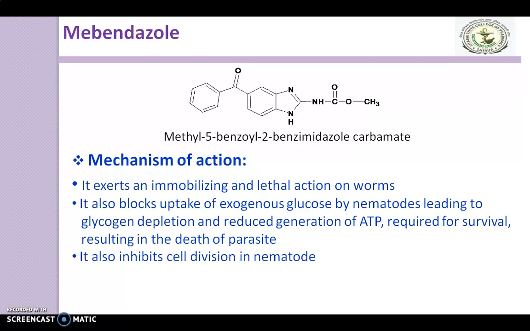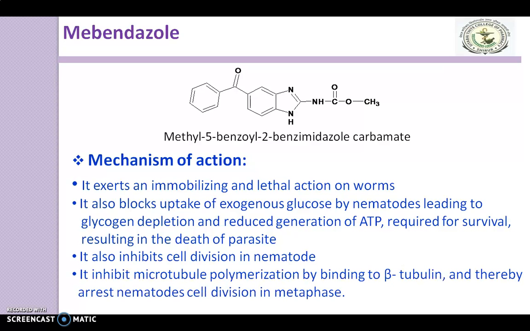It also inhibits cell division in nematodes. Also, it inhibits microtubule polymerization by binding to beta tubulin and thereby arrests nematodes' cell division in metaphase.